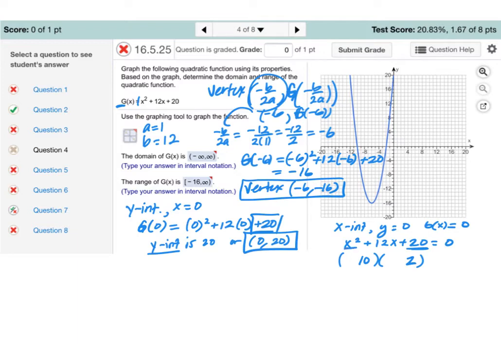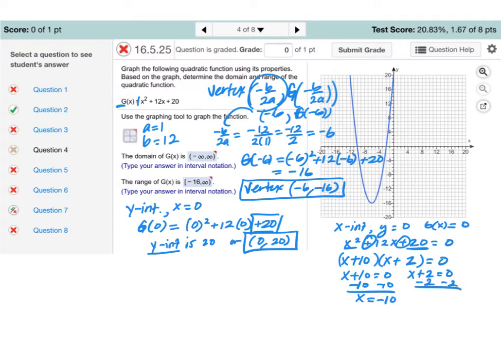Okay? And so two numbers we multiply to get x squared are x times x. Since this is a positive 20, I know the signs are the same. And so here, since this is a positive 12, we know these are both positive values. So we have x plus 10 is equal to 0, and x plus 2 is equal to 0. If we solve these both, we'll get minus 10 on both sides for this one and get x equals a negative 10.